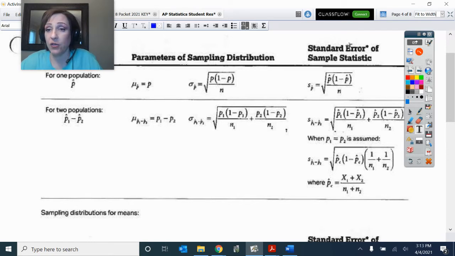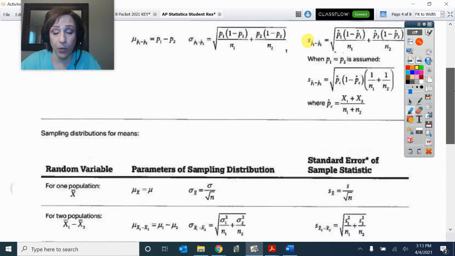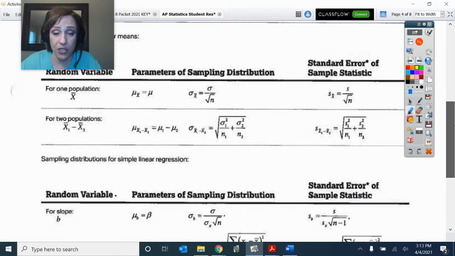Now notice this is called standard error. Why would it be called standard error instead of standard deviation? Because it is made with the sample standard deviation instead of the population's standard deviation. So standard error is made with the sample's proportion instead of the population proportion.